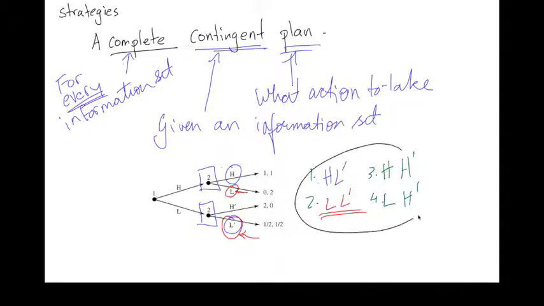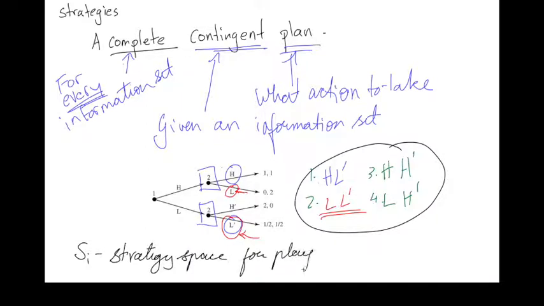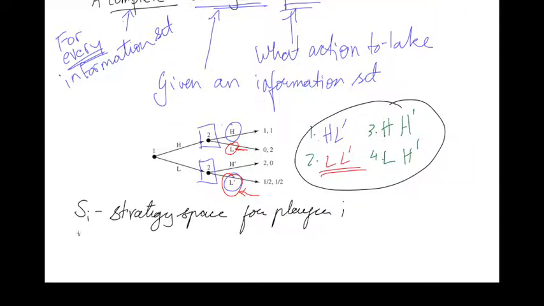We call this the strategy space, or sometimes a strategy set, for player two. So in general, S_i is the strategy set for a player, player i. In this particular example, S_1 is very small.